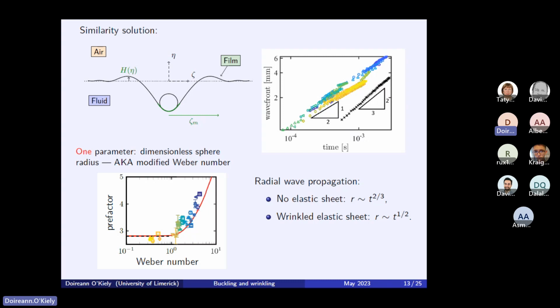Okay, and what's kind of neat about this is that you can write down a similarity solution, and that similarity solution has just one dimensionless parameter. For us, it falls out as a dimensionless sphere radius, but you can also think of it as a kind of modified Weber number.